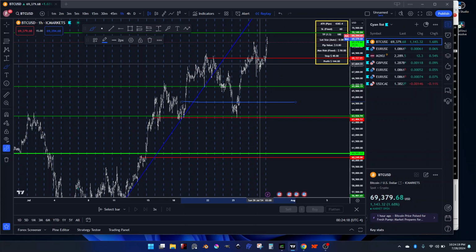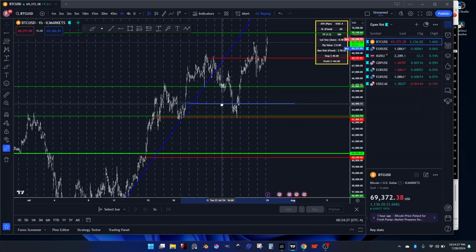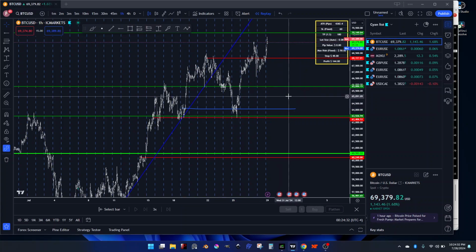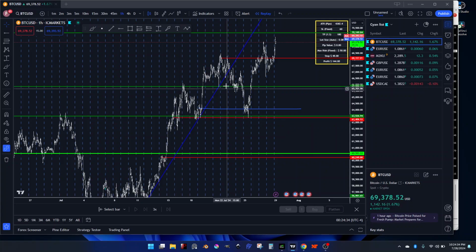So if price does retrace back to this area, I will be around break even. Actually, I think it's just a little bit lower than that. I think it's about right there. So it's actually not on that second entry, but if I entered here, it would be down here.